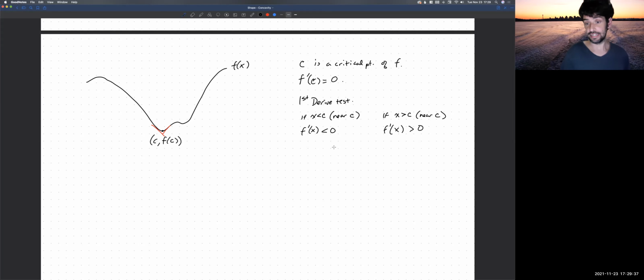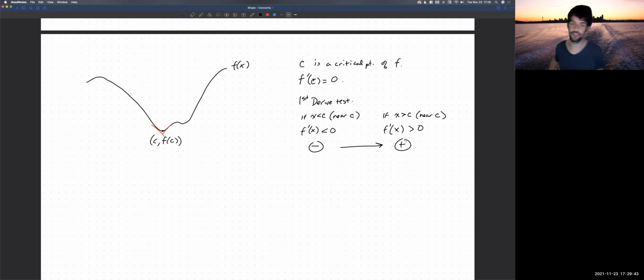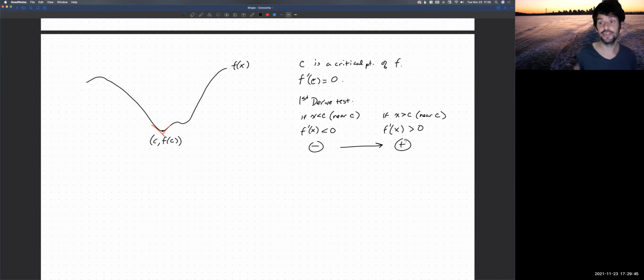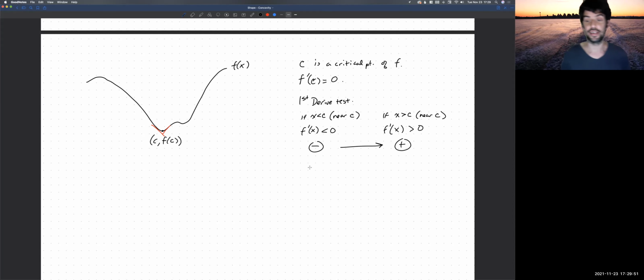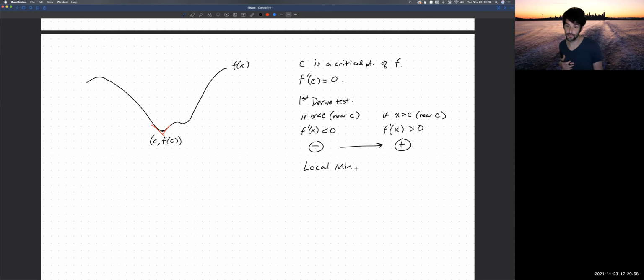So what we've seen is that our derivative went from negative to positive as we passed through the critical point, which from the first derivative test tells us that it's a local minimum. That's what the first derivative test told us.